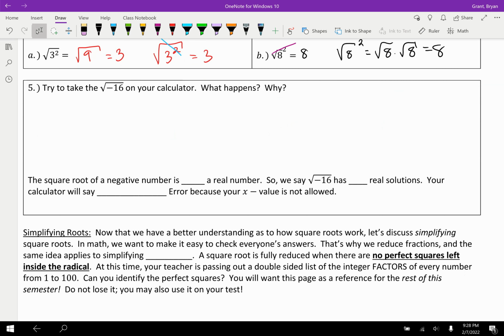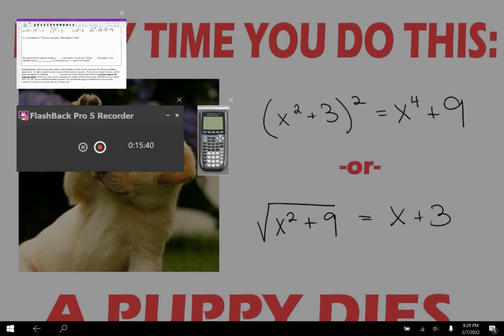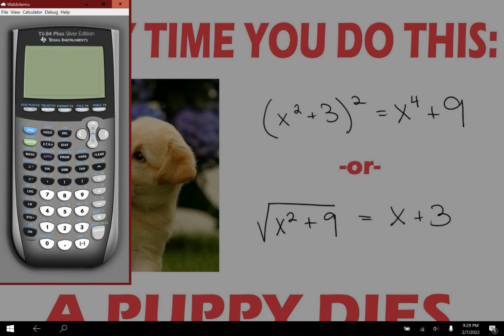All right, let's look at 5. Try to take the square root of negative 16 on your calculator. What happens and why? We'll give it a shot. I'll do it too, but you guys should be trying on yours. So we have the calculator turning on. There we go. The square root of negative 16. Non-real ANS.